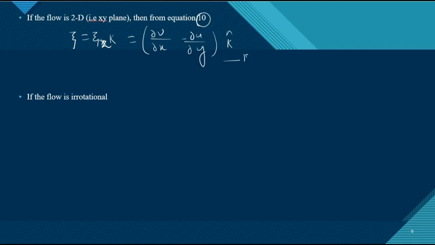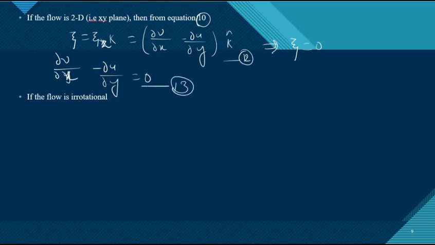This would be our equation 12. Now what if I say my flow is irrotational? If my flow is irrotational, what happens to zeta? Zeta becomes 0. When zeta becomes 0, it would be ∂v/∂x minus ∂u/∂y is equal to 0.